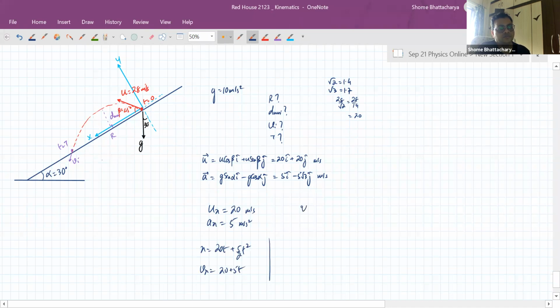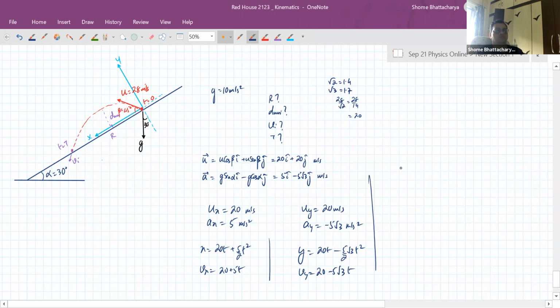And our y component of motion is like this. So at t equal to capital T, y is 0.